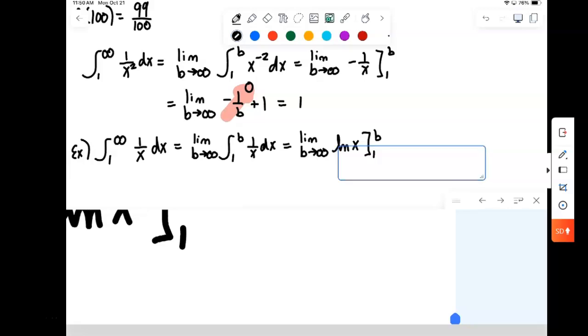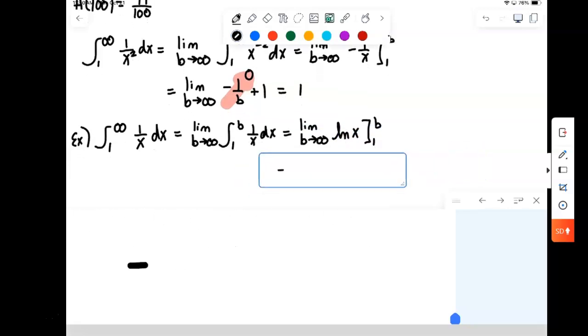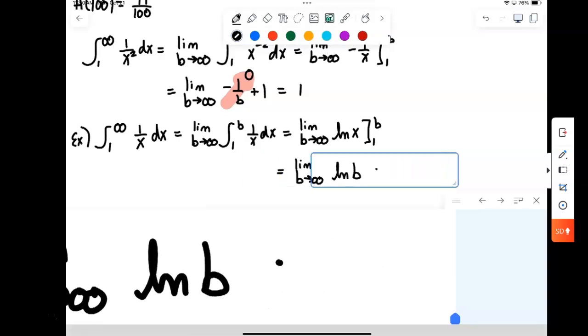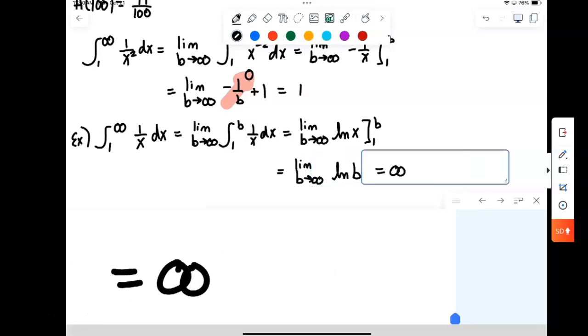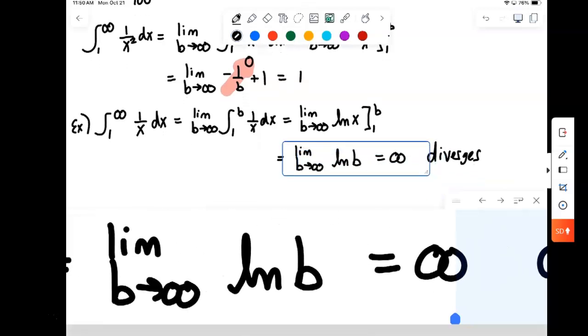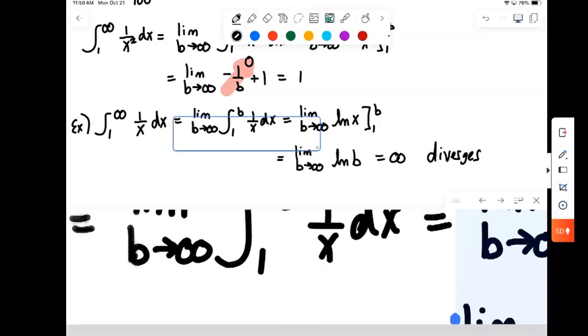Ln of 1 is 0. So this would be the limit as b goes to infinity of the ln of b, which is equal to infinity, right? That we say diverges, doesn't approach a number. That's approaching positive infinity.